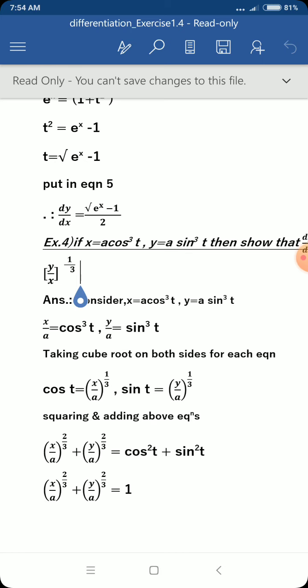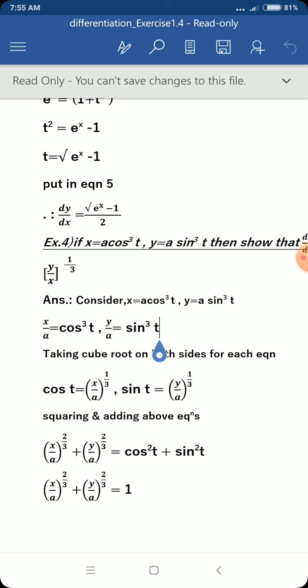Answer for this example. Consider the given equations: x is equal to a into cos cube t and y is equal to a into sin cube t.